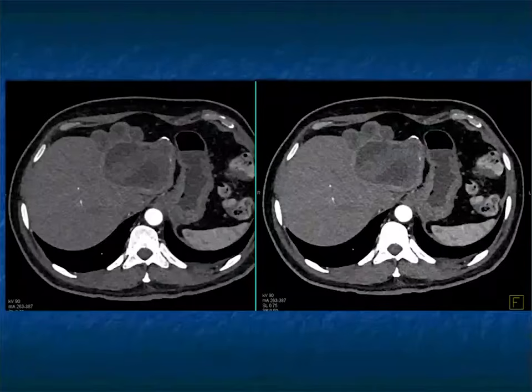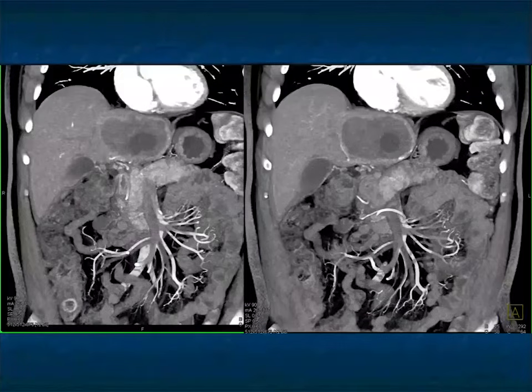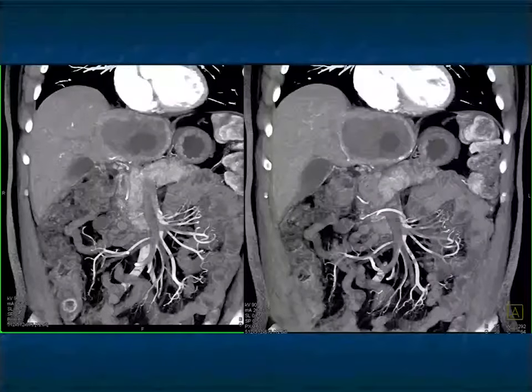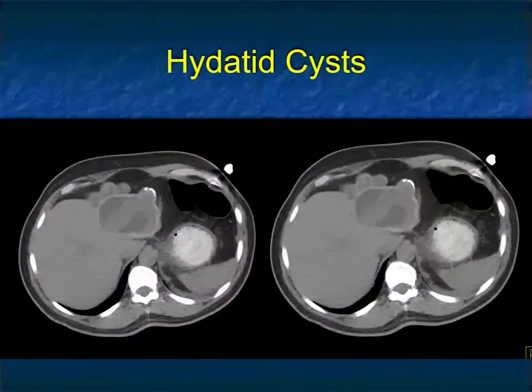Patient had no known malignancy. You don't see anything else. Here's on the arterial phase. There was no neovascularity, like in the first patient. What am I thinking? Well, I could think about a cystic tumor. Biliary cystadenoma can have septations, but that doesn't usually calcify. Again, clinical history, the patient was from a country far, far away from Baltimore, and this was hydatid cysts.